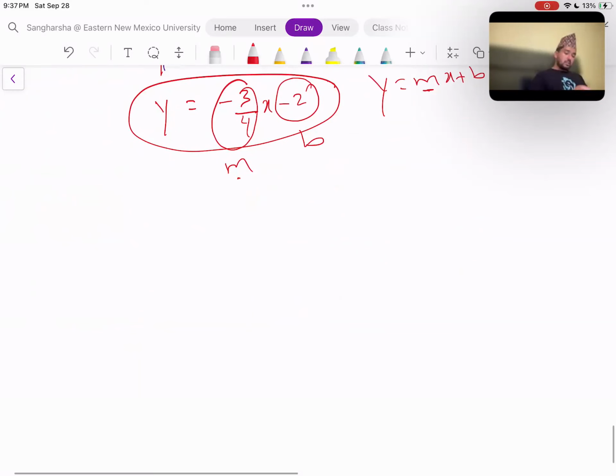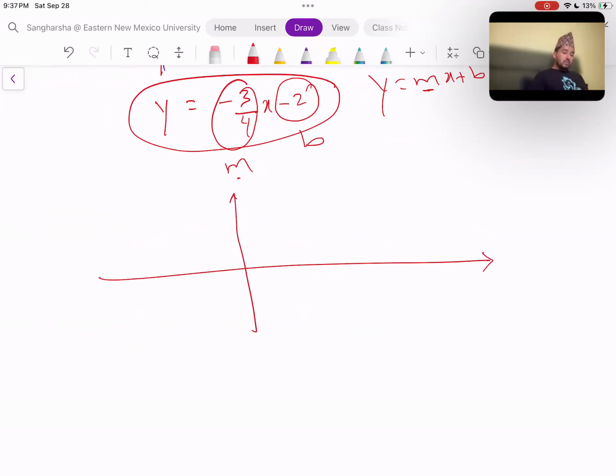So in order to graph, you have your first point at b. Your b is negative 2. So let's say this is negative 2, and we have one point at negative 2. Now our slope m is negative 3 over 4. What does it mean by having a negative slope?